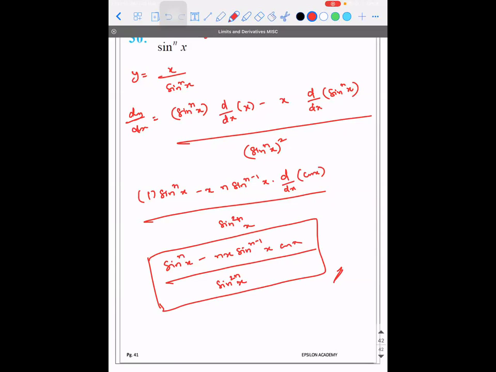So given sin x minus n into x cos x by sine of n plus 1. Tell me again, sin x minus, sir, it's minus.